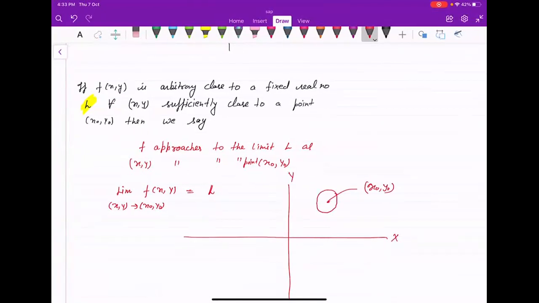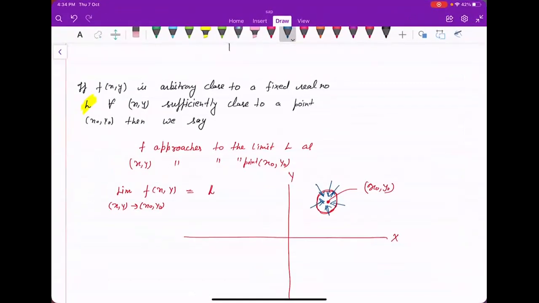In that case, (x, y) could be anywhere inside this disk about the point (x naught, y naught). So this (x, y) is approaching toward the point (x naught, y naught). It could approach (x naught, y naught) by any path, like that.